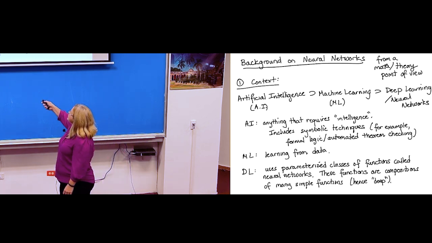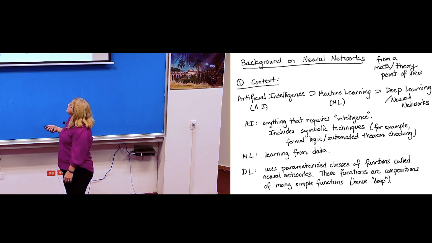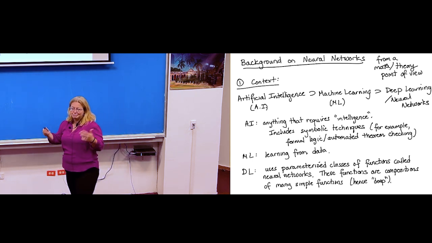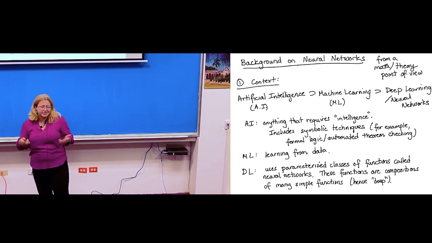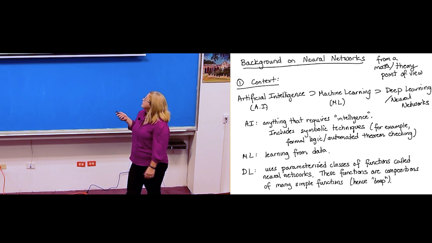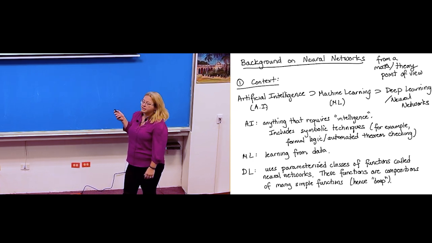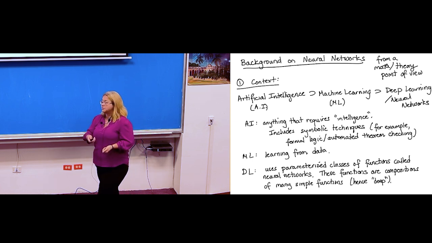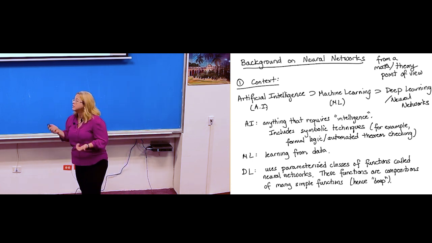So there's a hierarchy. Artificial intelligence, or AI, is basically anything that would normally require human intelligence to do. This includes both working with data as well as symbolic things, like, for example, automated proof checking or other symbolic techniques.